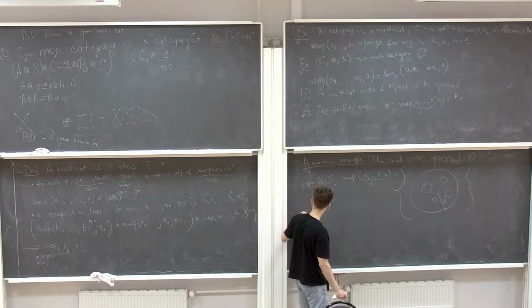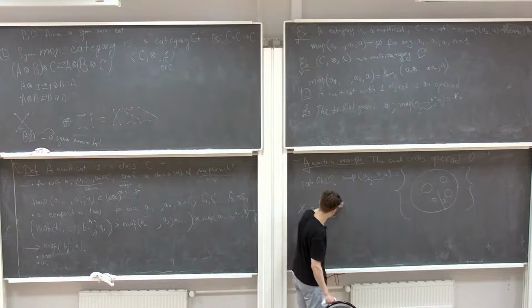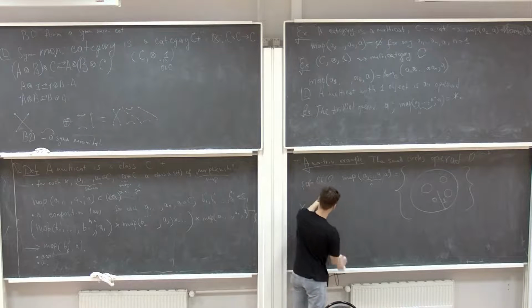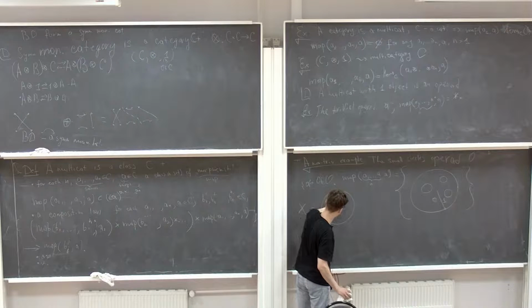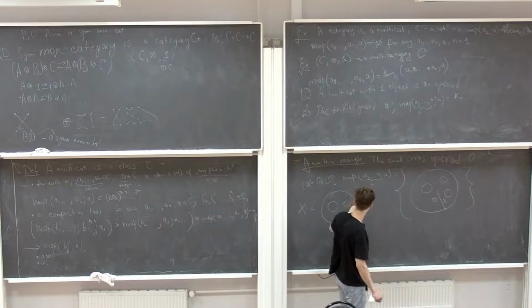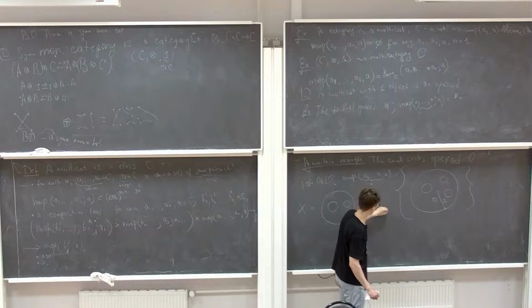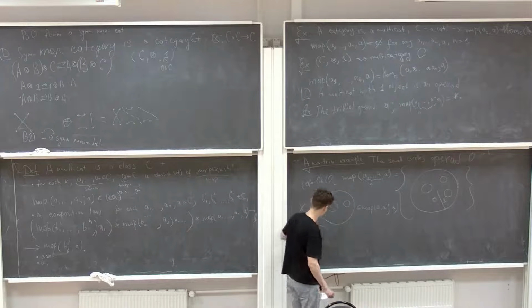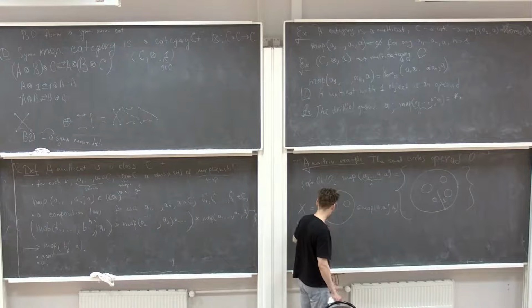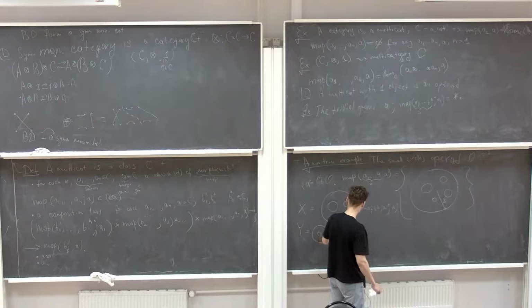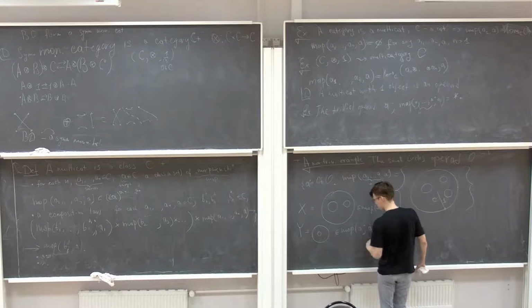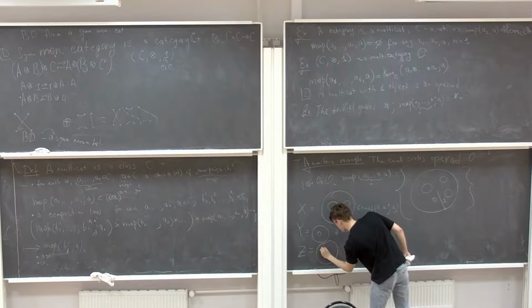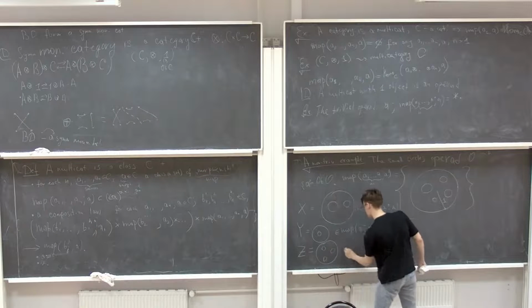By X denote this diagram, which belongs to map from A, A to A. By Y denote this one, that belongs to map from A to A. And by Z denote the circle with, for example, 3 holes.